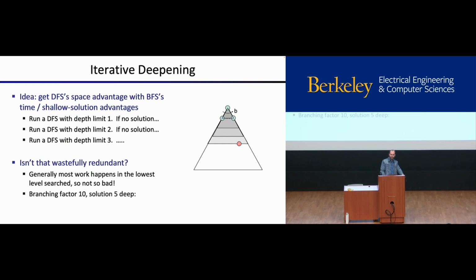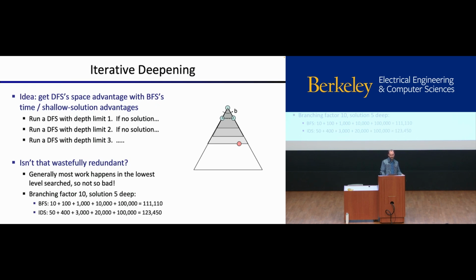So let's say our branching factor is 10, and the solution is 5 steps down. If we're doing breadth first search, then there are 10 nodes at the first level, 100 at the next level, 1,000, 10,000, 100,000. We visit a total of 111,110 nodes.